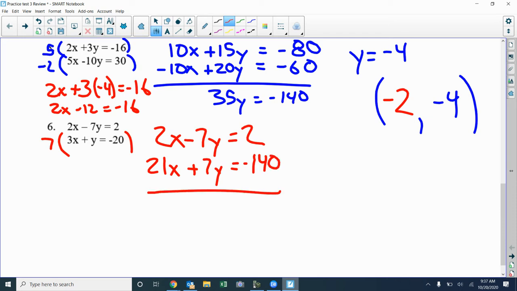Ready to add straight down? 23x equals negative 138. Anybody notice that this one is the same as number 3? Number 3 and 6 are the same. Should get the same answers there, which would be negative 6 and negative 2.